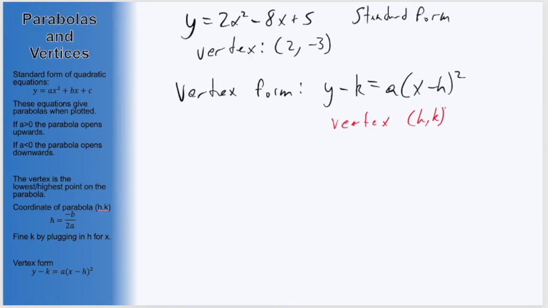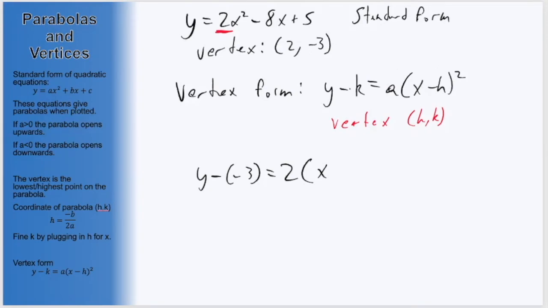But let's see what the vertex form of our previous example would look like. Our vertex was 2, negative 3, so y minus k, the k is the y-coordinate, so negative 3, equals the a we can just read off as the same a that's in front of the x squared in our standard form. So 2 times parentheses x minus h.